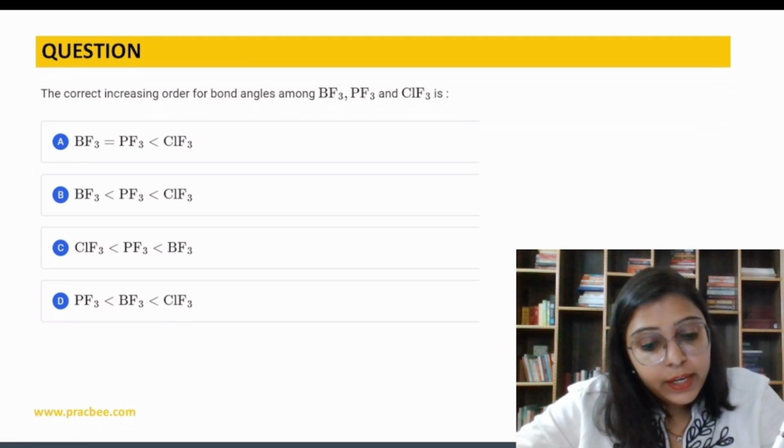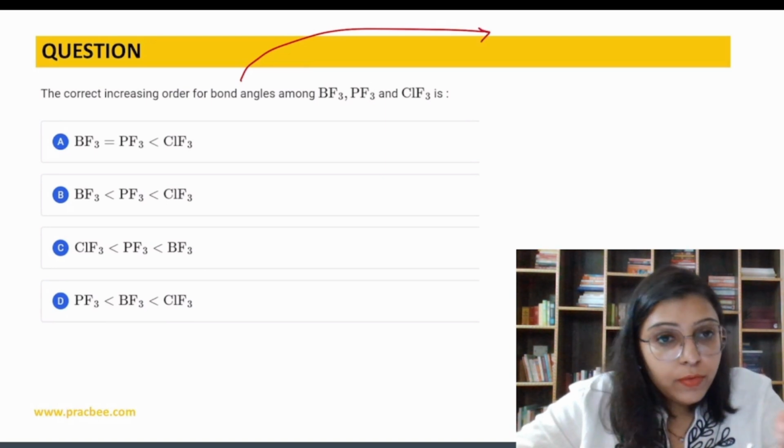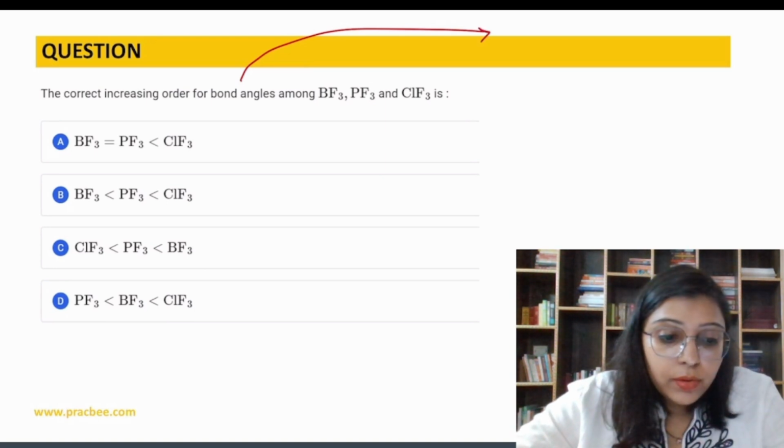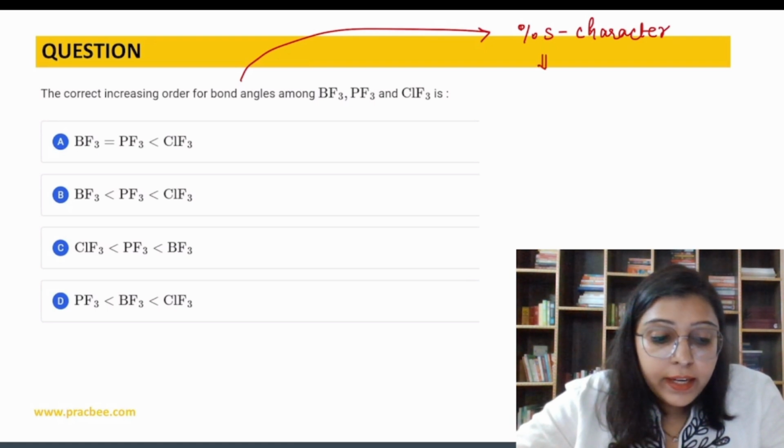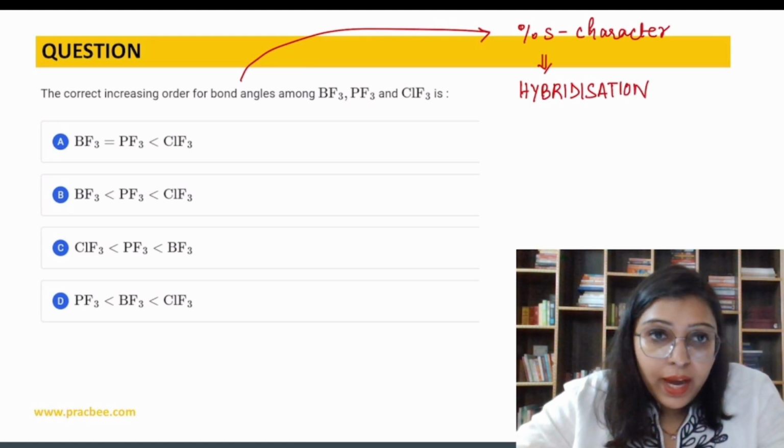So in order to find out the bond angle, the first step is to find out percentage s character. And in order to find out percentage s character, you should find out hybridization. Why?